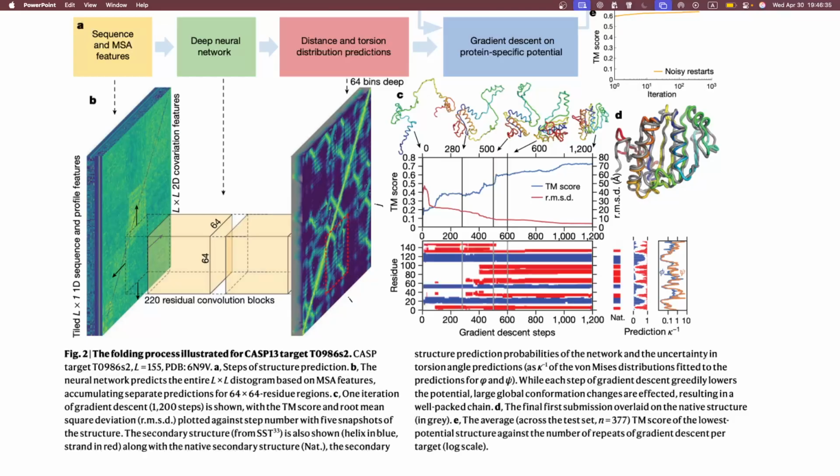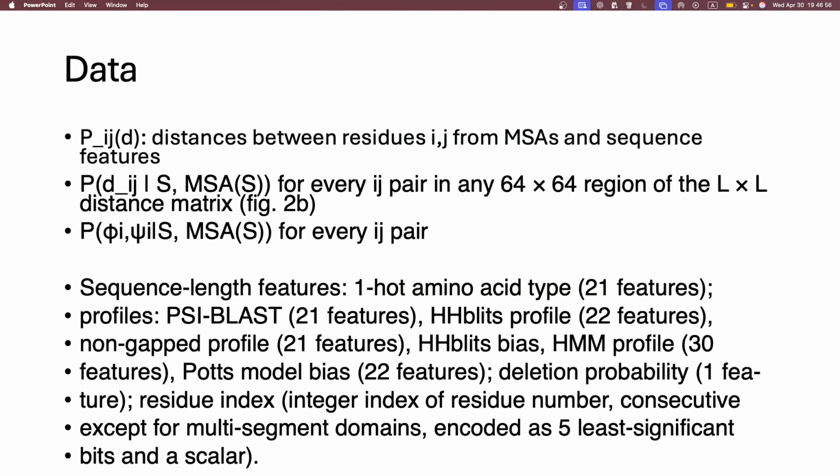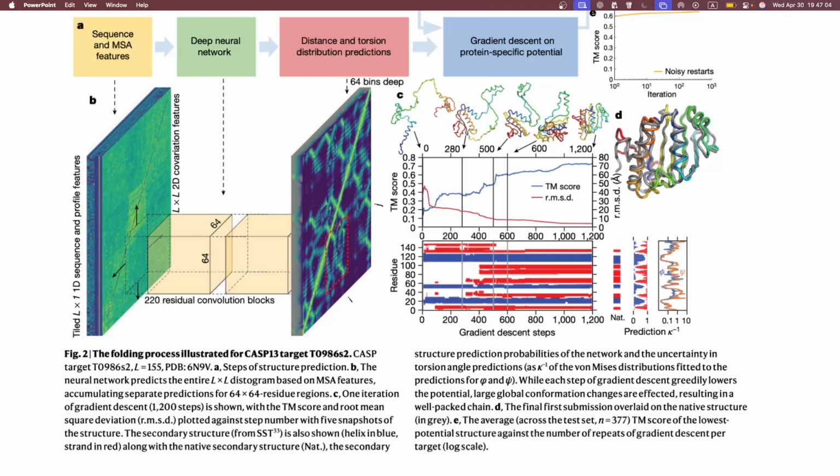Okay, so basically the ResNet is scaled down into a CNN and then scaled up again. The point of having this ResNet is that this is a very large sequence, right? How large would this be actually? That depends on your i and j. For L, a 64 by 64 region, quadratic with respect to L. Yeah, L times L covariation features.